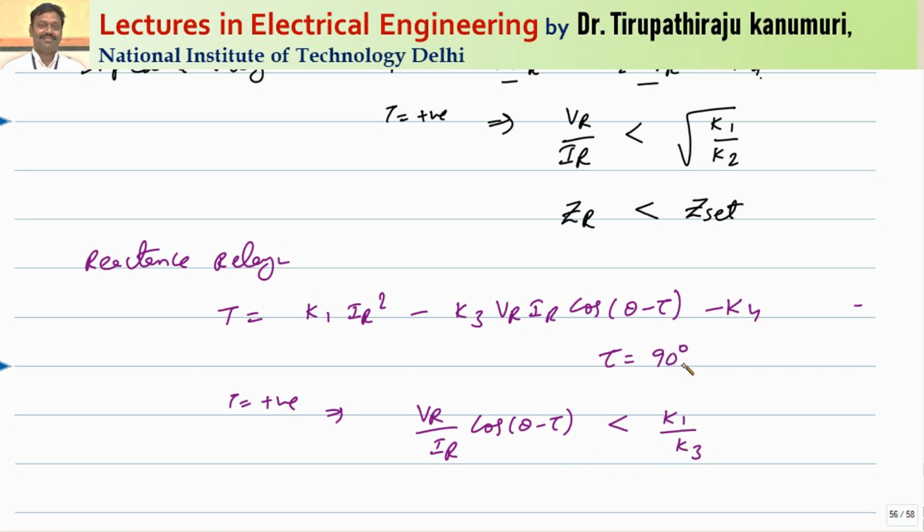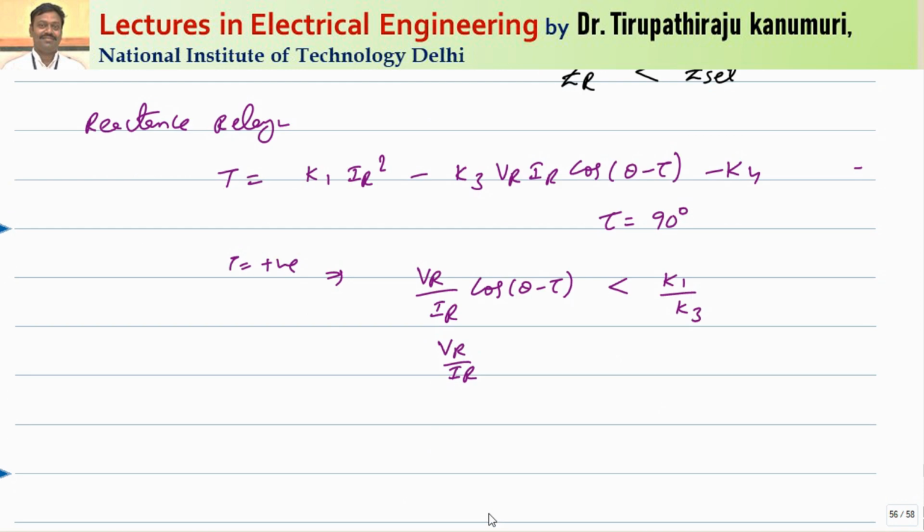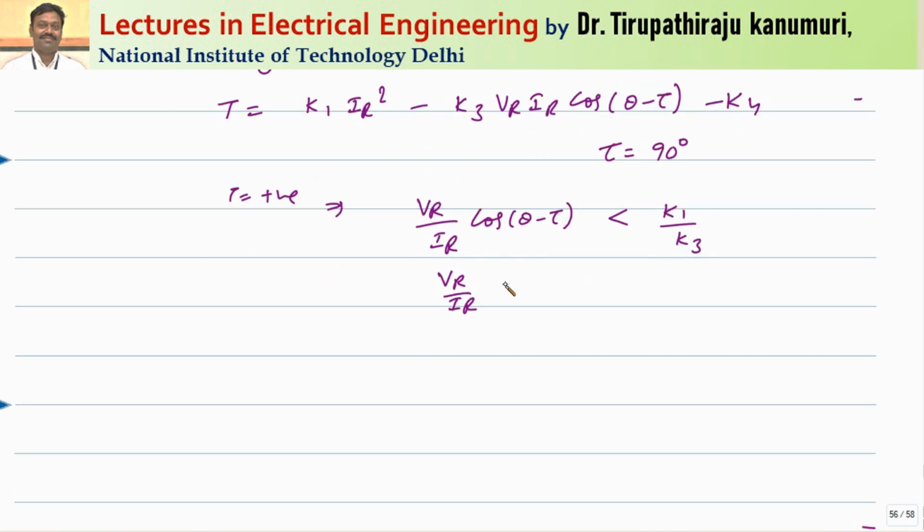By keeping tau equal to 90 degrees in this equation, cos(theta minus tau) becomes equal to sin theta, so VR by IR sin theta is less than K1 by K3. This is what we get since the maximum torque angle is set as 90 degrees. So this VR by IR is nothing but the ZR, so ZR sin theta is less than K1 by K3.